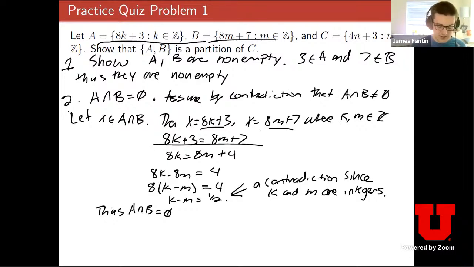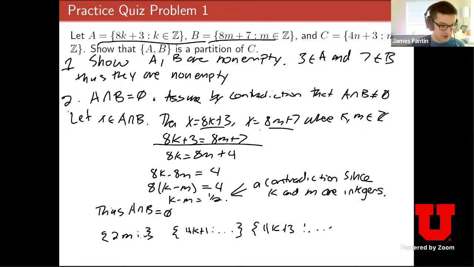If you can use the division theorem, like there's a problem in the homework where the division theorem is easily applied to the set of integers, where you had a set of 4k plus 1, and then a set of 4k plus 3, and you need to prove that all of these are disjoint.